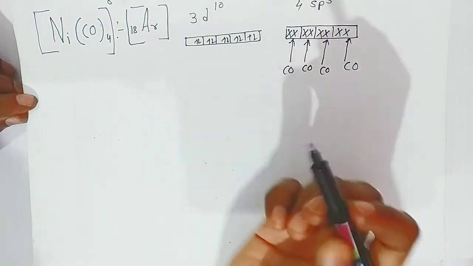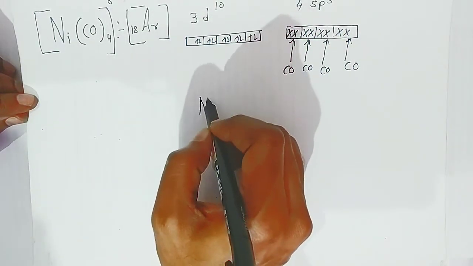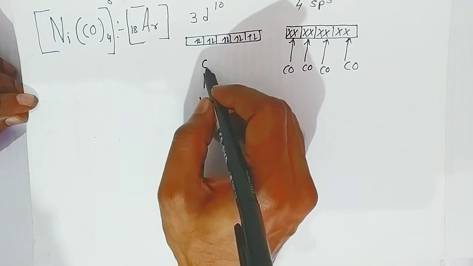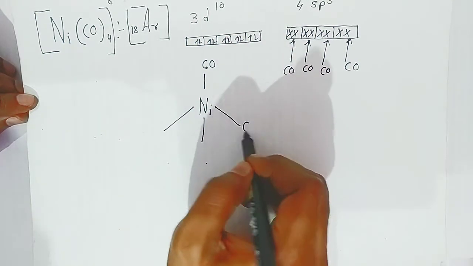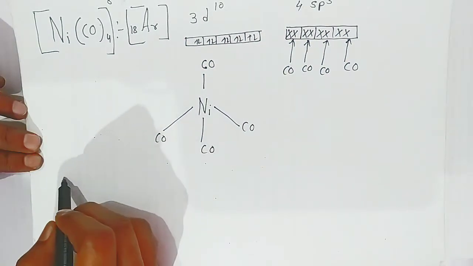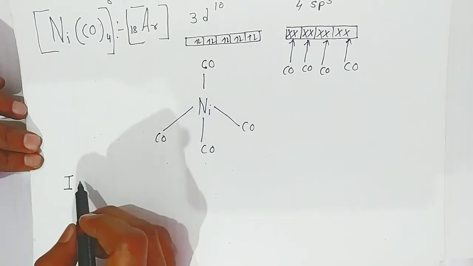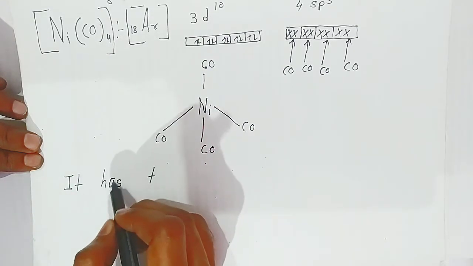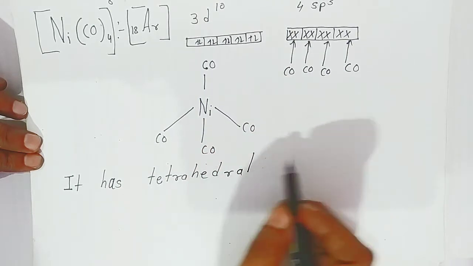When you write down the structure, students, of this nickel tetracarbonyl, nickel will be at the center. Carbonyl, students, will be like this. This will be the structure of the nickel tetracarbonyl. That means, students, because of sp3 hybridization, it has tetrahedral geometry.